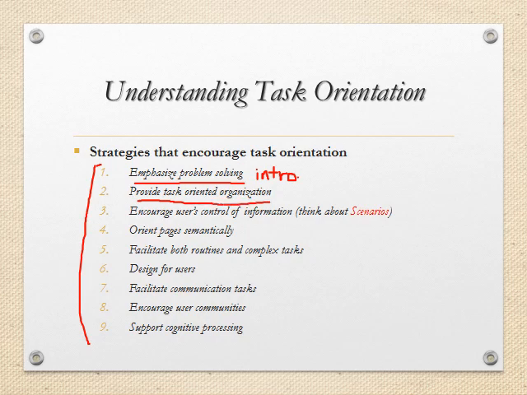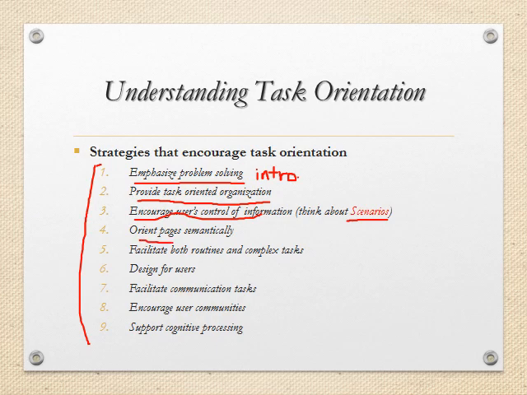Any document, in order to be considered a task-oriented document, needs to follow a specific organization or structure. Third, encourage user control of information. Think about scenarios. These kinds of scenarios give the user the feeling that they control the use of information.